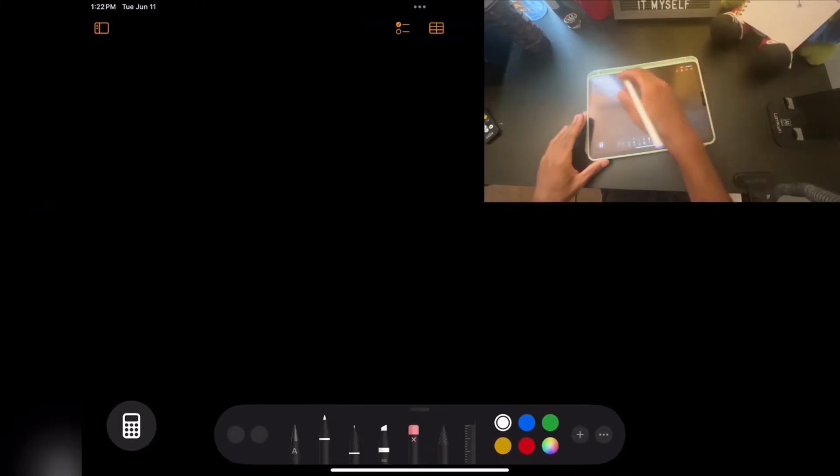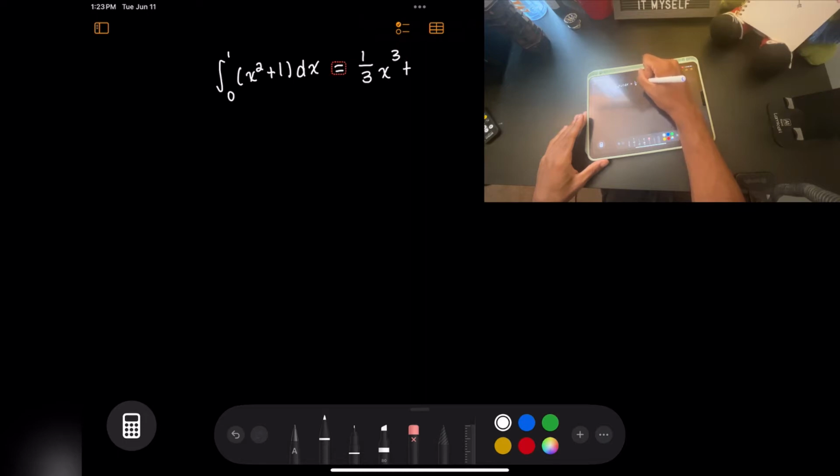Let's do the integral from 1 to 0 of just the basic function, x squared plus 1, and of course we're integrating with respect to x. After using the power rule, which is basic calculus, this is equal to 1/3 x cubed plus x.